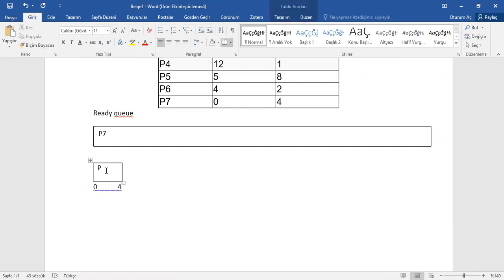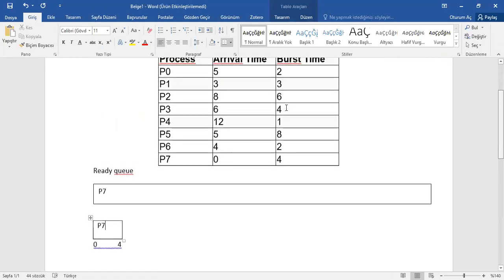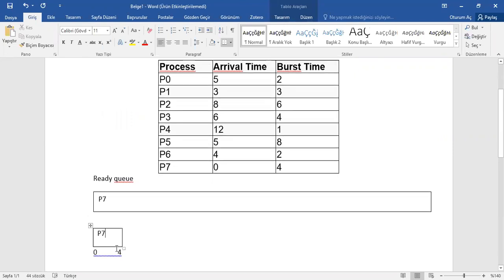Process 7. How much time is it executed? 4 nanoseconds. So when time is 4, which processes have arrived into the ready queue? Who can tell me? Process 1 and process 6. Okay, very good.